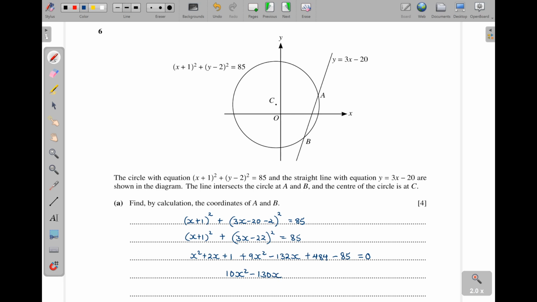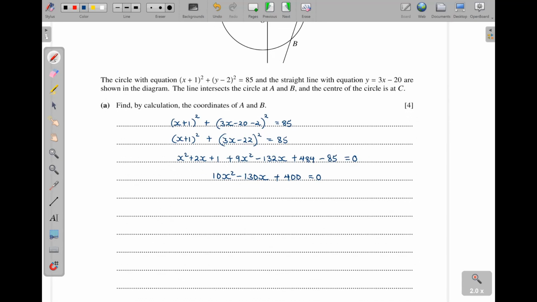Then we have 1 plus 484, that will be 485, then minus 85, that will be 400. So it's a positive 400, which is equal to 0. This is a quadratic we are supposed to solve. Of course, we can divide all through by 10. Then we shall have x squared minus 13x plus 40.